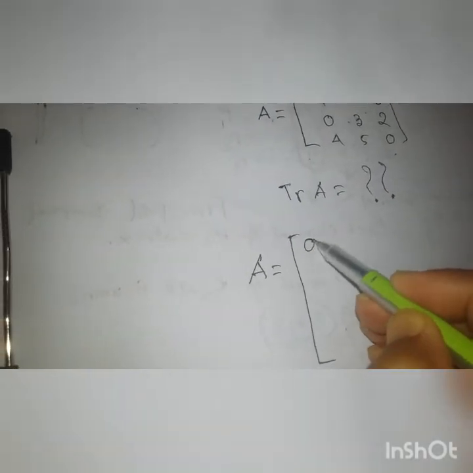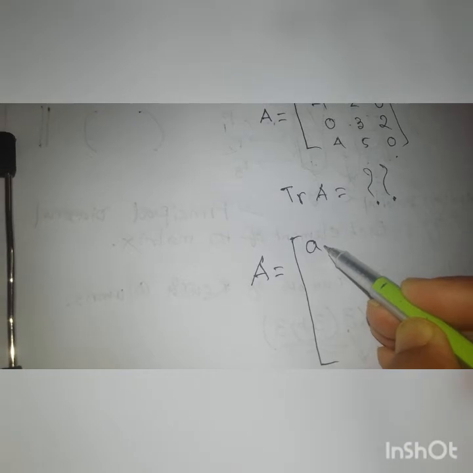Now I'm going to start the presentation of a general matrix. A general matrix means a matrix which is known as A. Suppose the first entry is a11, first row, first column.